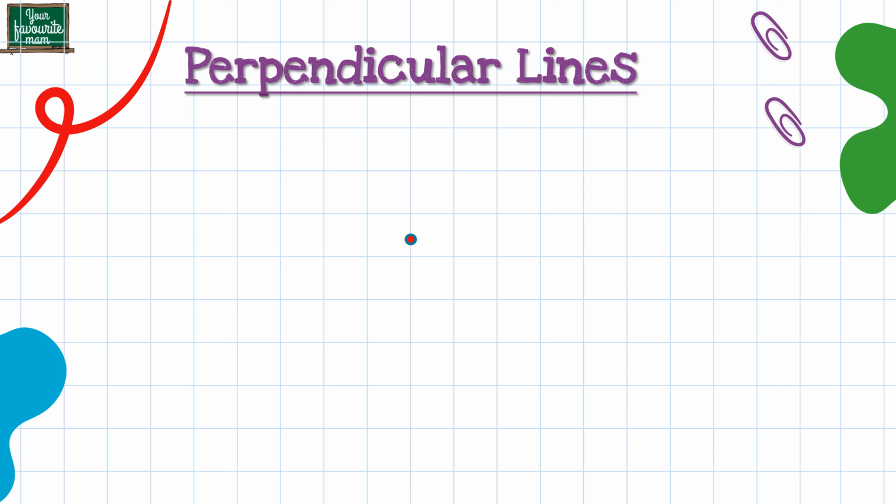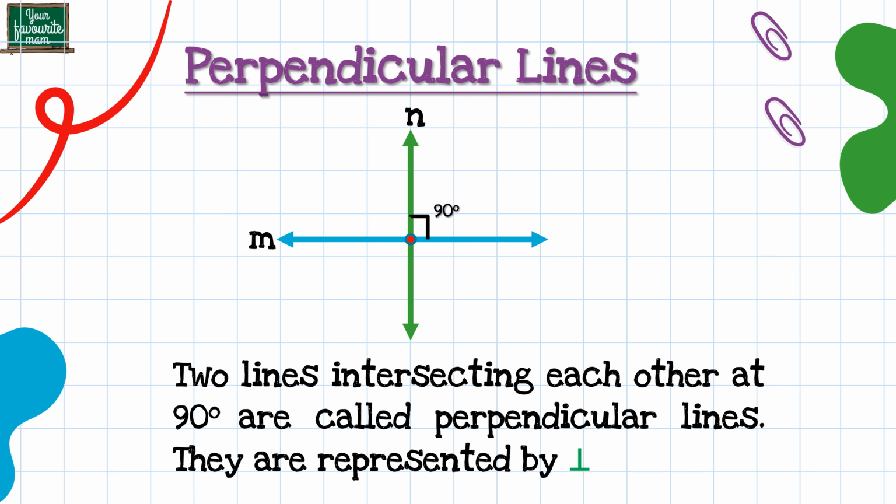So next we are going to talk about perpendicular lines. So lines N and M, when they intersect at 90 degrees, these are perpendicular lines. So two lines intersecting each other at 90 degrees are called perpendicular lines, and they're represented by this symbol.